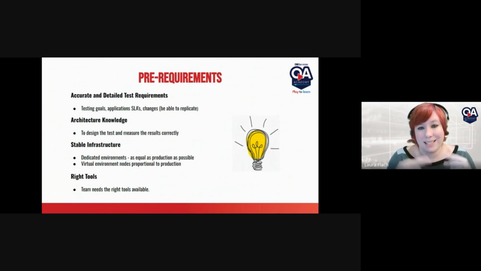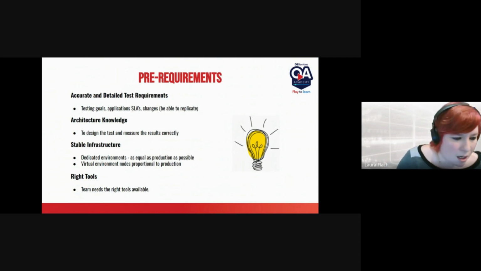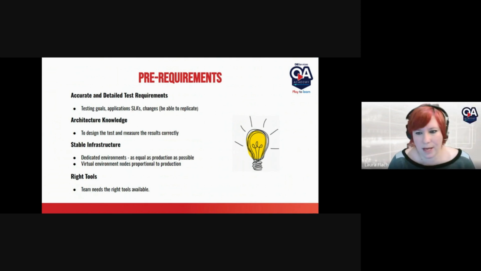So you can say that your environment is 50% of production, and you can apply this 50% on your final result numbers. This way, you know that your results are proportional to production. And this is vital for your results to be accurate. And also, you need to have the right tools to perform your job.